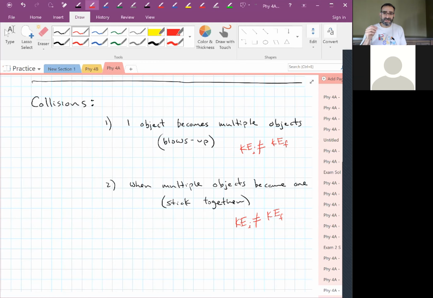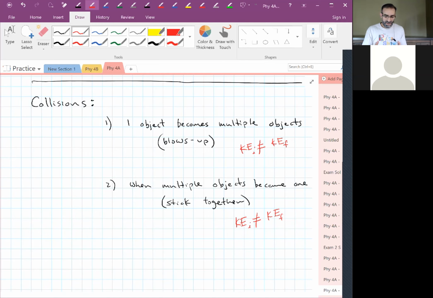We know for certain the kinetic energy afterwards is not going to be the same as the kinetic energy before. When things stick together, we usually have less kinetic energy at the end. When things blow up, we usually have more kinetic energy at the end. But they're not the same. When metal gets bent, things deform. Heat might be generated.